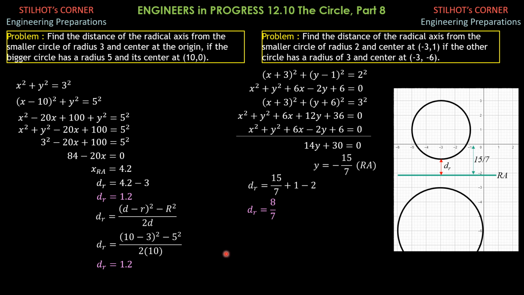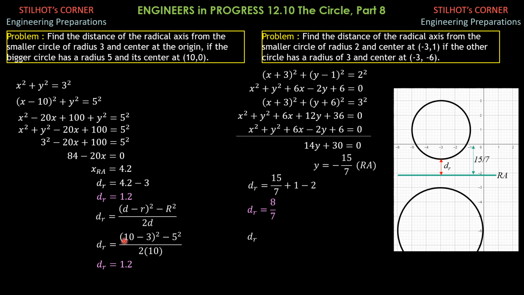Then if we apply the formula, d sub r, where d is the distance between the centers. This center is 1 above the x-axis, while the center of this bigger circle is 6 units below the x-axis. So 1 plus 6 is 7.